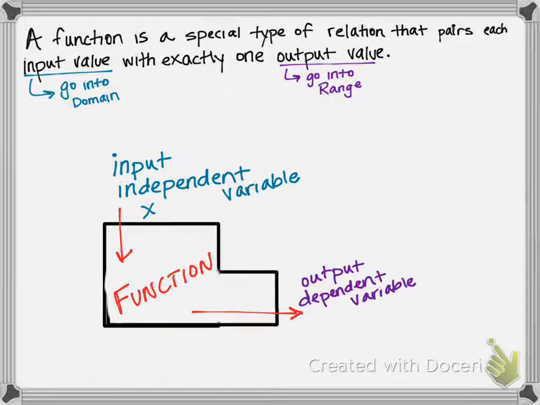The independent variable knew what it was going into the machine, but the dependent variable needs the function to figure itself out. And this is typically Y, but instead of Y, you may also see it written as F of X, meaning it's a function of X.